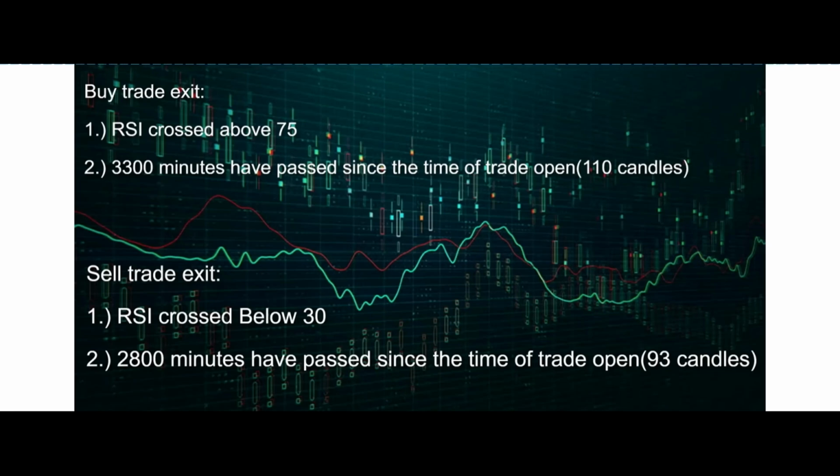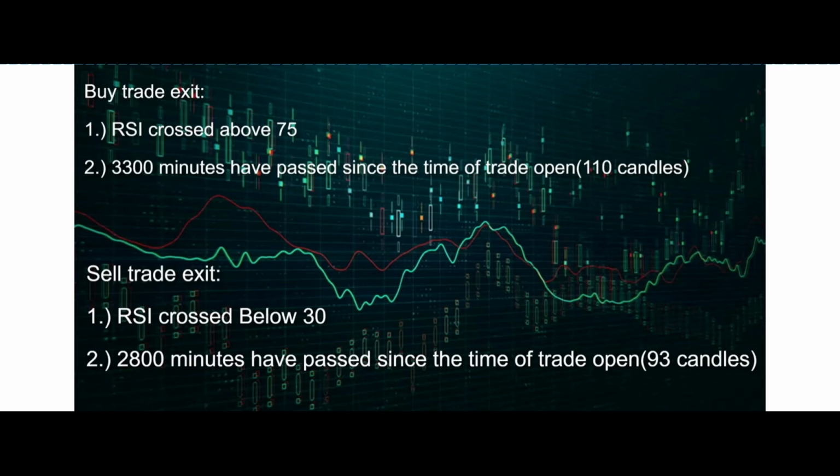You exit a buy trade when the RSI crossed above the 75 value, and you have to wait until X amount of minutes have passed since the time of the trade open.